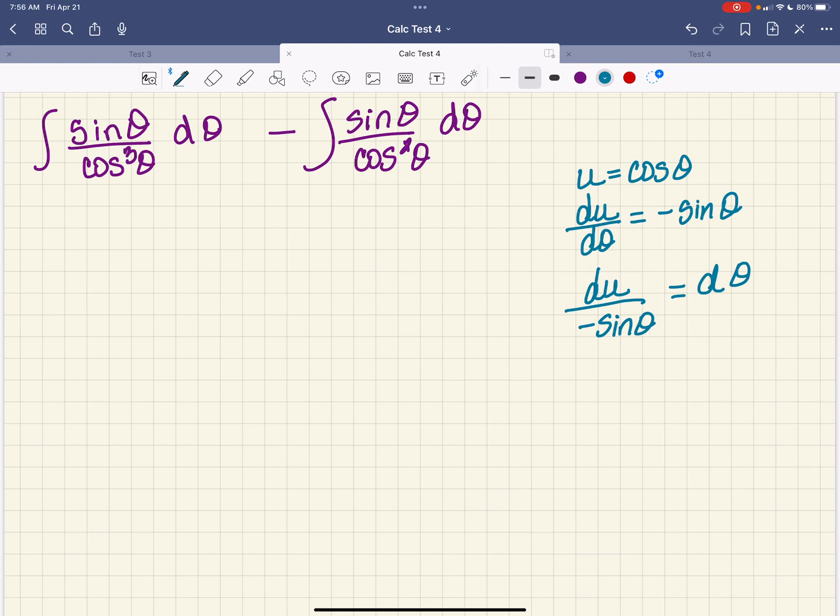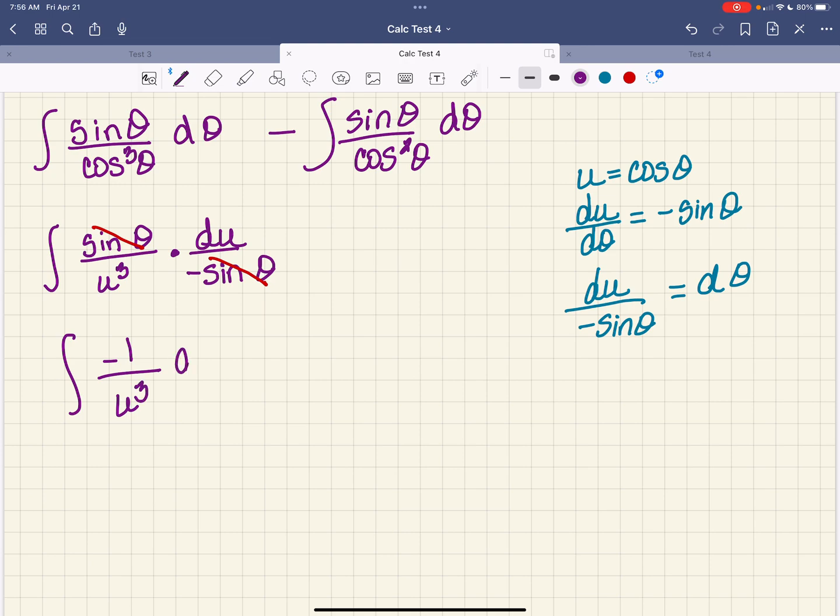Okay, so over here, just for this first part right here, I'm going to have the integration of sine of theta over u to the third, okay, times du over negative sine of theta. Now be careful, because it's very easy to lose that negative 1. It's very easy to lose that negative 1. And so we've got the integration of negative 1 over u to the third du.